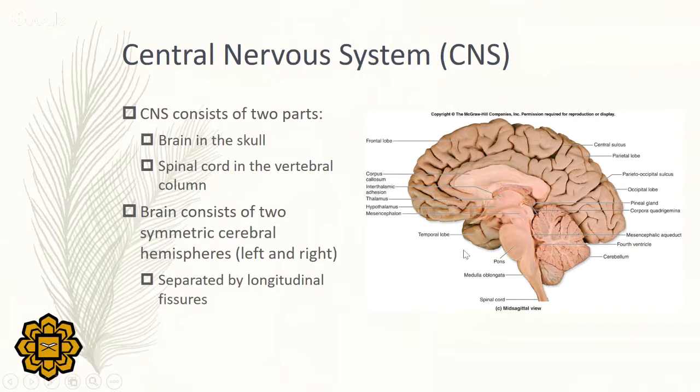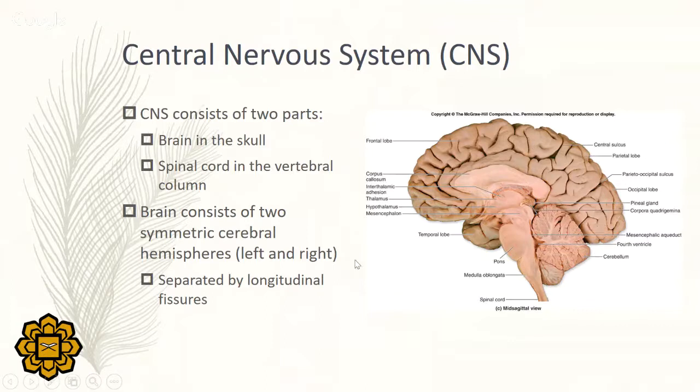This on the right side is the brain. The brain itself consists of two symmetric cerebral hemispheres, left and right, which are anatomically similar, but their function might be different. These two hemispheres are separated by the longitudinal fissure.